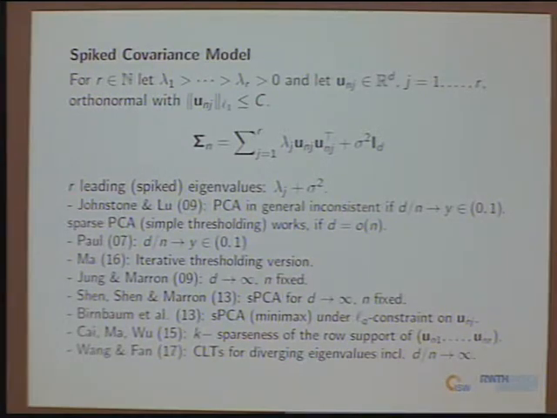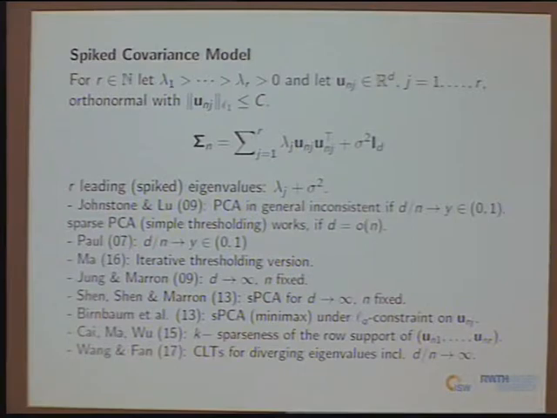This has been studied in greater detail, and the idea came to use sparse PCA in order to get consistent estimates, and then you usually have to make assumptions on your eigenvectors. The results have been refined over time. The most recent results consider sparseness assumptions on the row support of the matrix of eigenvectors.